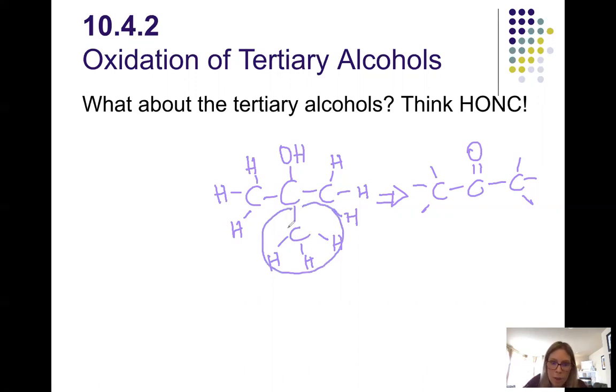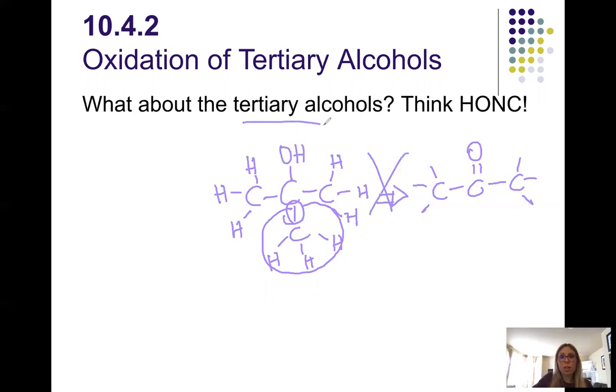So now we've got a methyl group down here that we never had before. And here's the deal. This bond right here is too strong to allow us to actually do that reaction. So this reaction is not going to occur.